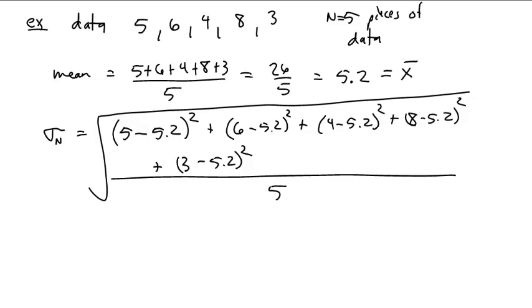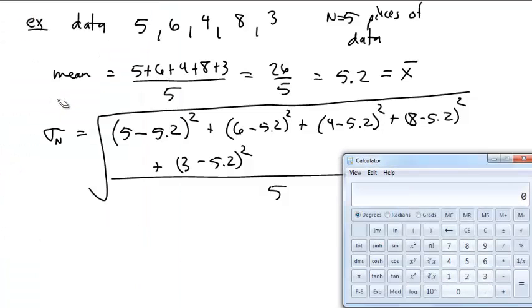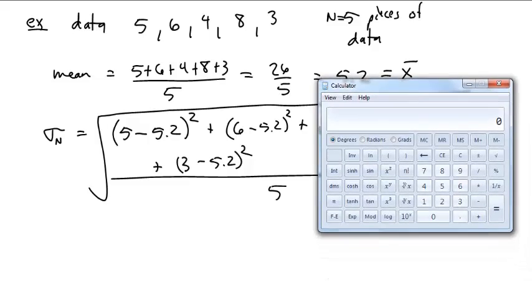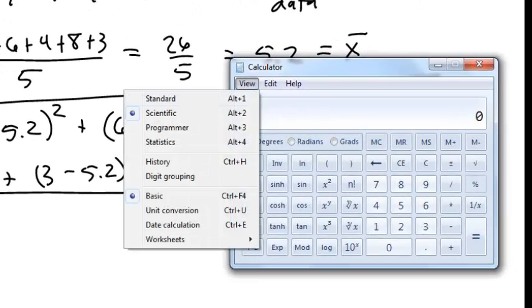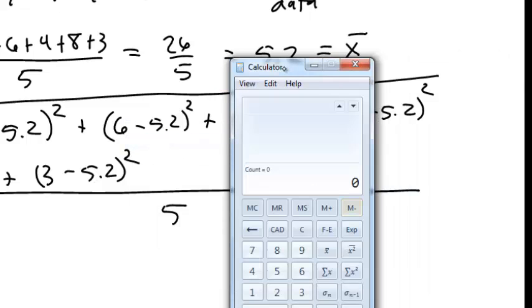We could just crunch this out on the calculator, but the cool thing is just about any calculator that has the trig functions, which is what is required for this course, has what's called statistical analysis. Watch this. View, I don't want standard scientific, I want a statistics calculator.